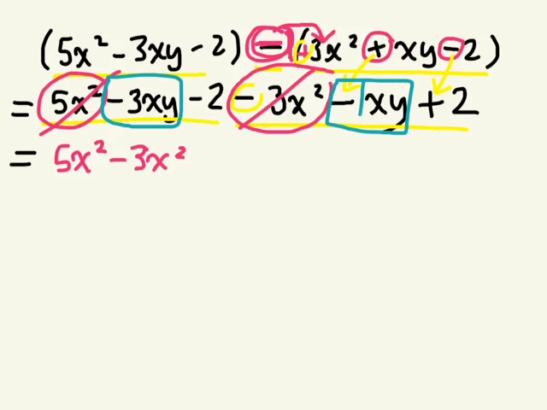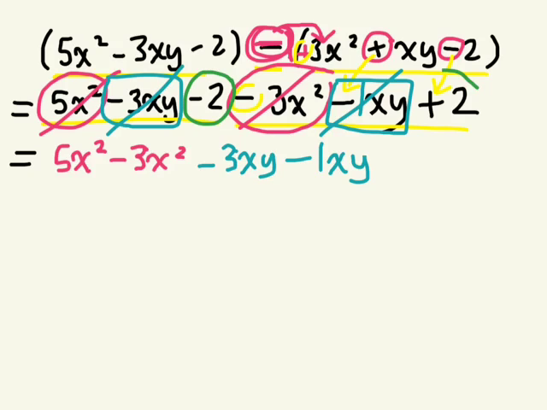Negative, I could put a 1 there. 1xy, right? Do I have any more xy terms? No. So negative 3xy minus 1xy. And what's the last terms that can go together? Negative 2 and positive 2. Negative 2 plus 2. Okay, I've rewritten all of my terms.